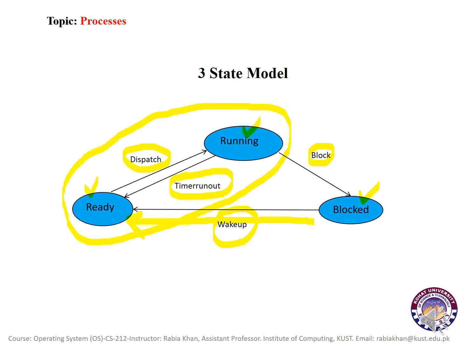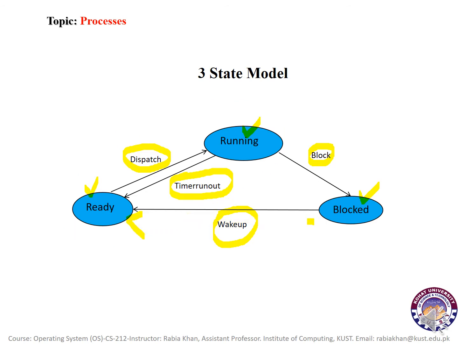So this is a three-state model in which we have added one more state to the existing two-state model. Now we have three states that include ready, from ready to running, from running to blocked, and from blocked back to the ready state.